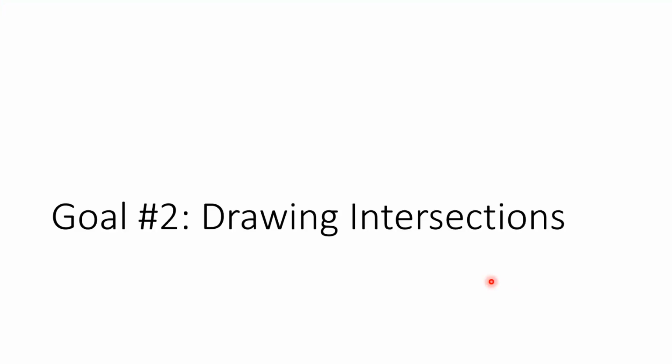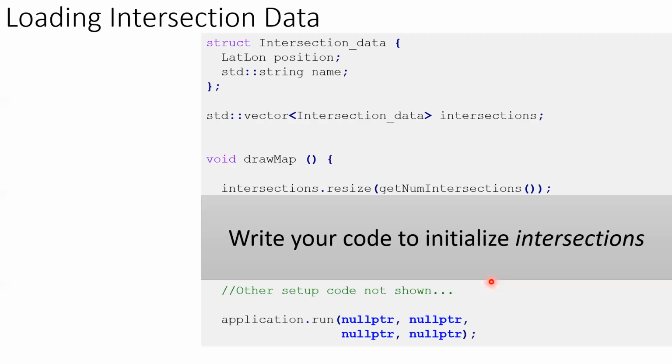Next, we want to actually draw something interesting. Let's draw the intersections in Toronto. So as in milestone 1, you also need to load in the data so that you can access it faster. And in this tutorial, we're going to load it in as a vector of struct of intersection data.